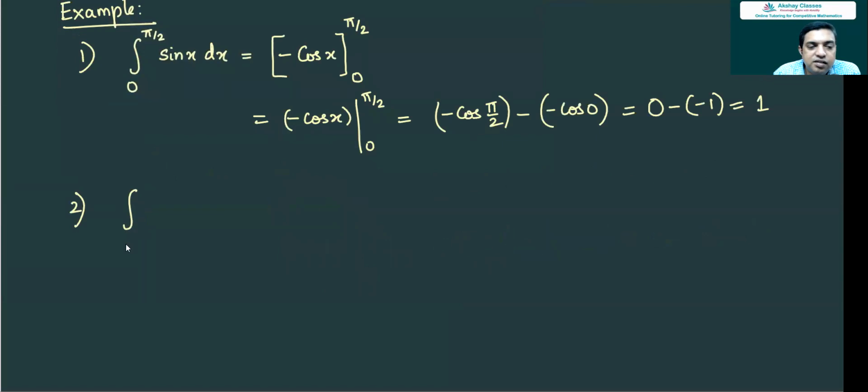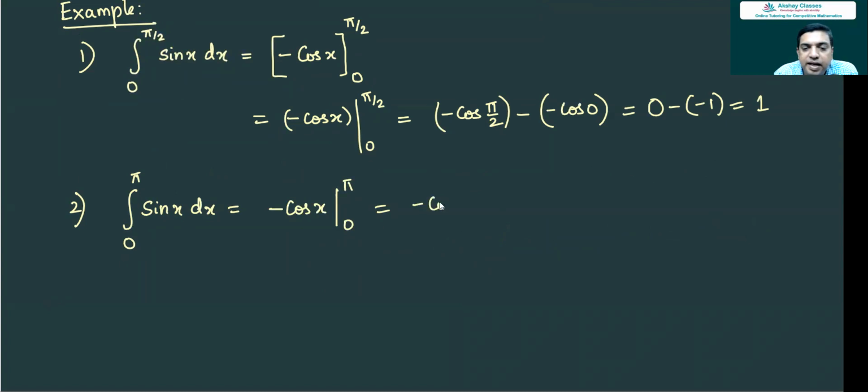What is integral 0 to pi, sin x dx? It is minus cos x from 0 to pi.